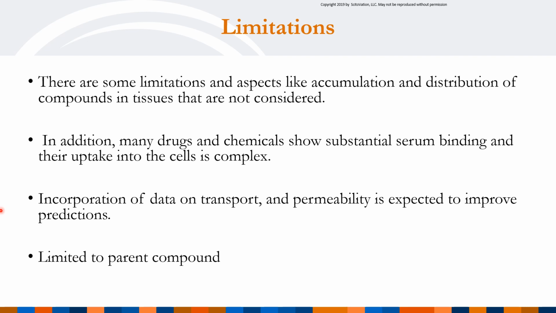This needs to be taken into consideration. Obviously, the actual system does not take into account transport or permeability. Plus, it's limited to parent compound and not metabolite. But we know that sometimes the parent compound is not the toxic entity. Again, sometimes it's the metabolite. So it's really important to understand this limitation.